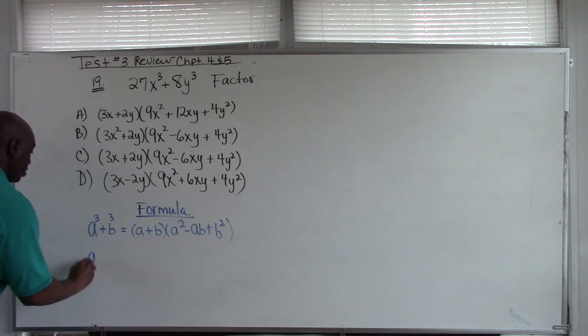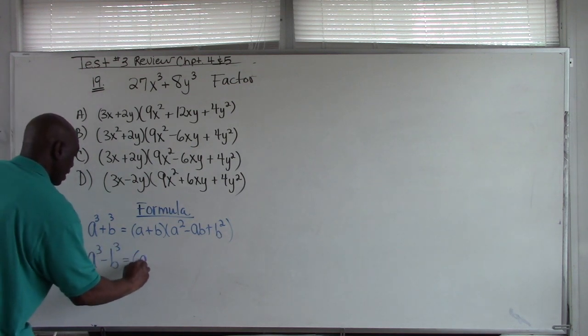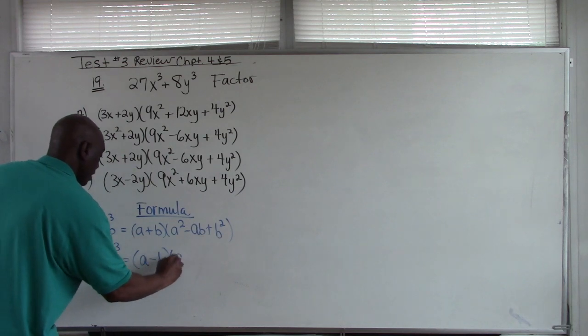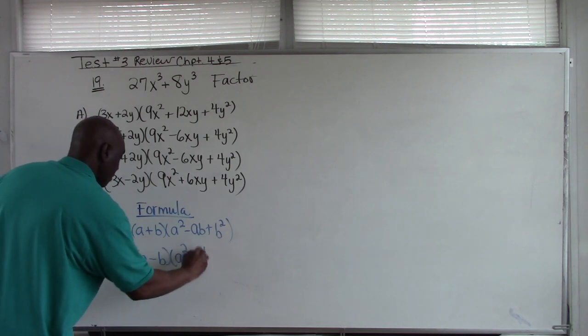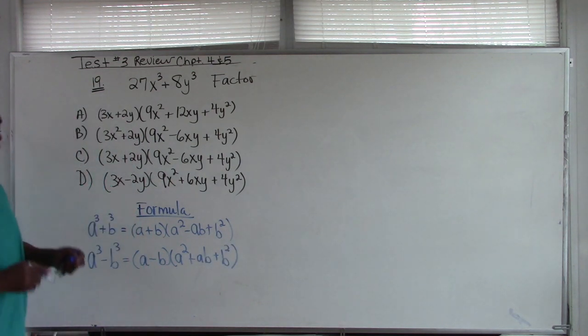And that a cubed minus b cubed equals a minus b times a squared plus ab plus b squared. All right, those are your formulas there.